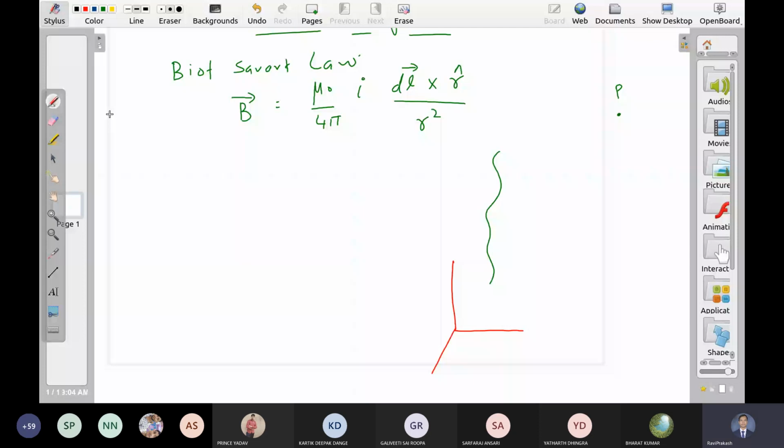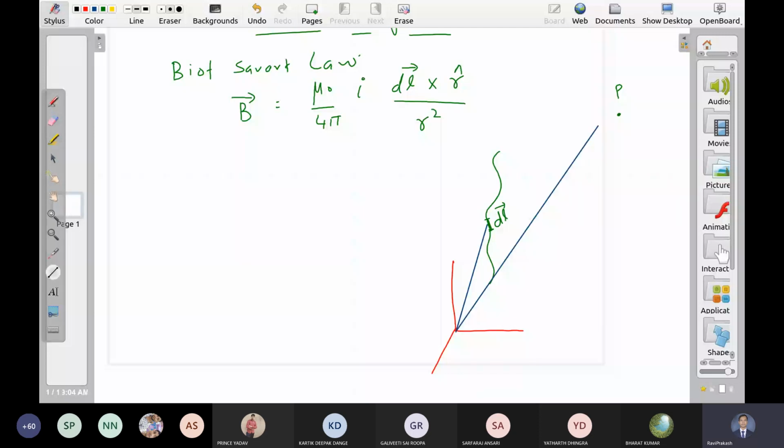This is the line element we are talking about, dl, and this is the point where we want to calculate the field. And R is this.